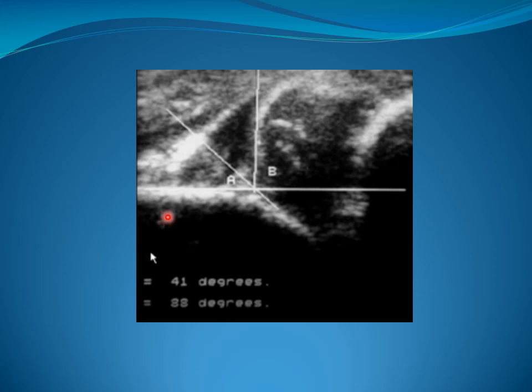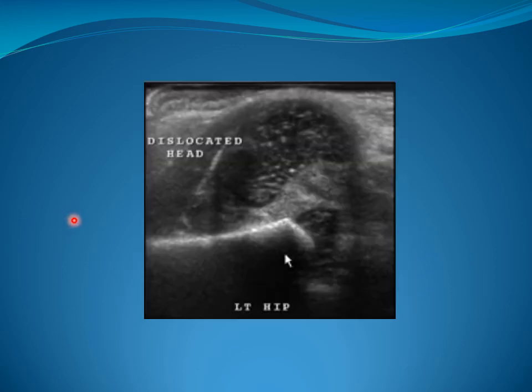This is another example where the alpha angle is 41 degrees and the beta angle is 88 degrees, and this is considered type 3. Notice here that there is dislocation of the femoral head outside the socket. There is a total dislocation, type 4, as we see here, out of the acetabulum.